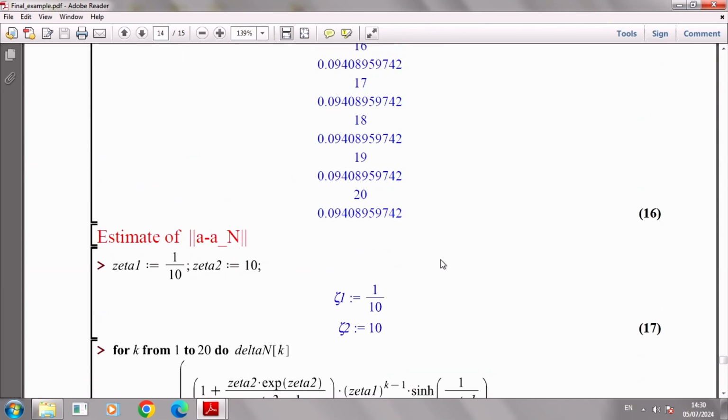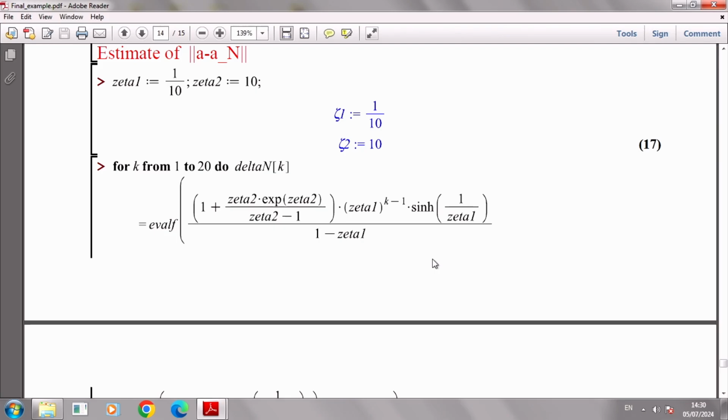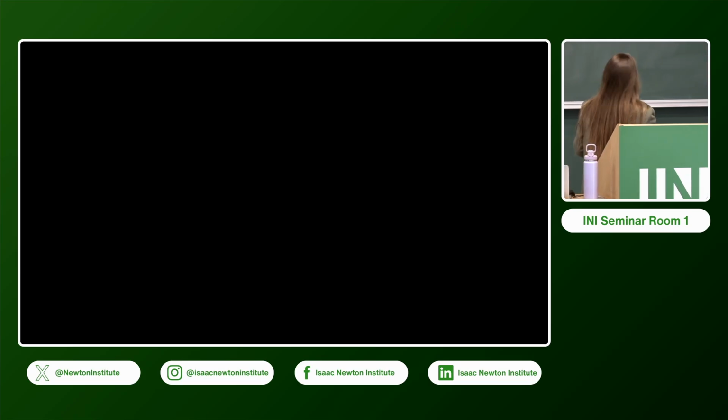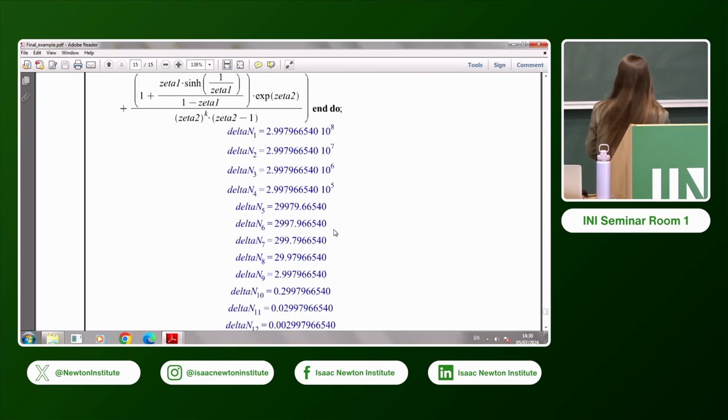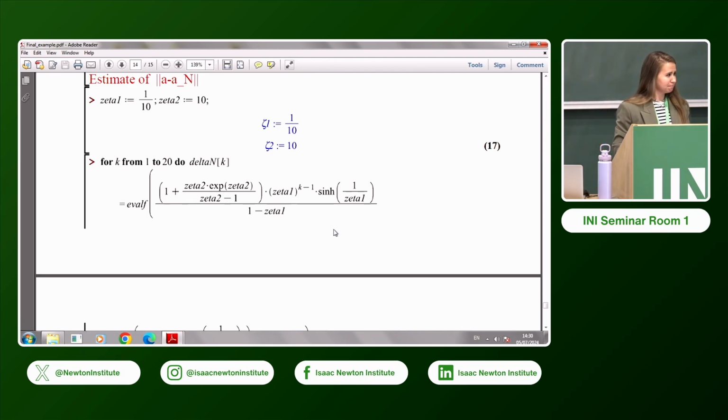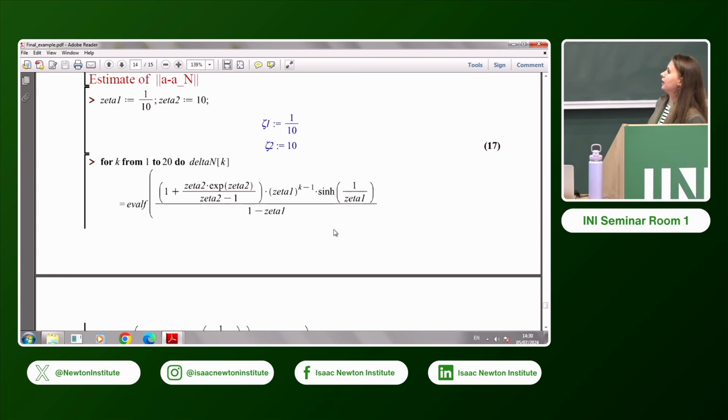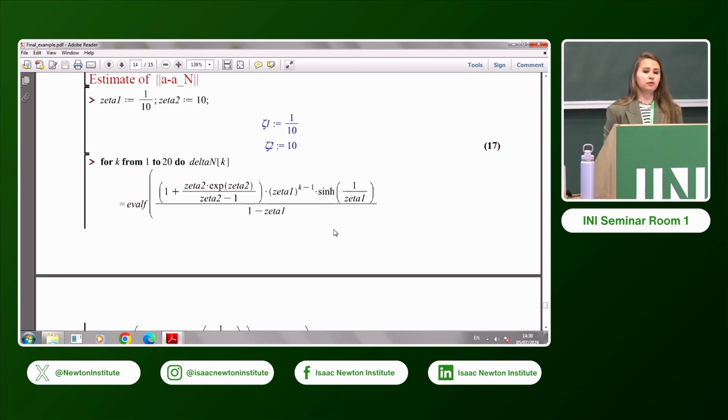So if it's less, then in this case we found the factorization.